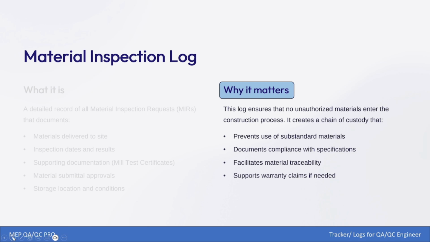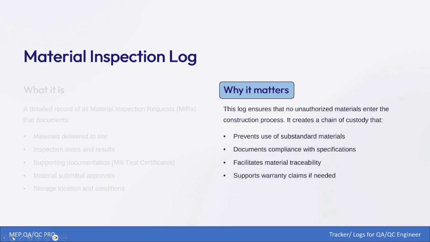Why does it matter? Because if you are using unauthorized or unapproved material at site, you can easily track down that this material is not approved, and you can also identify it before raising any material inspection.